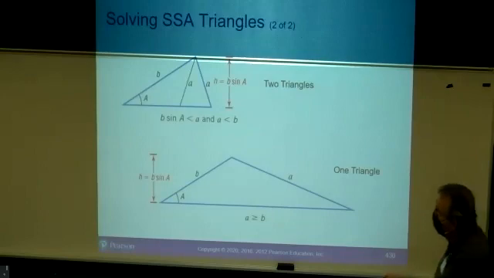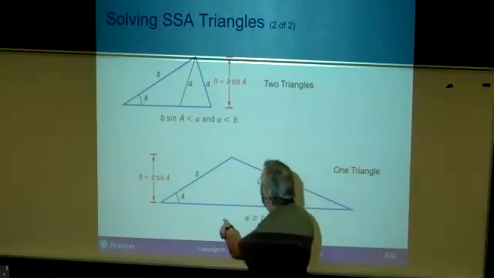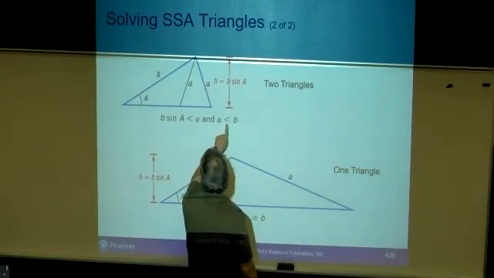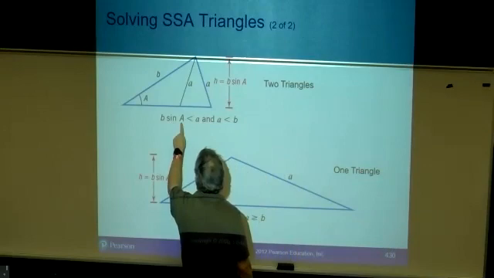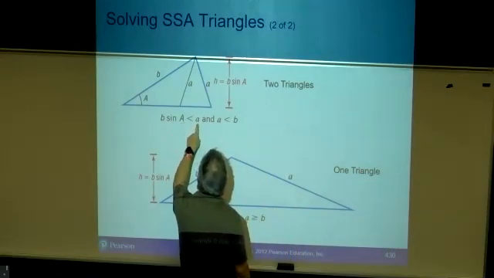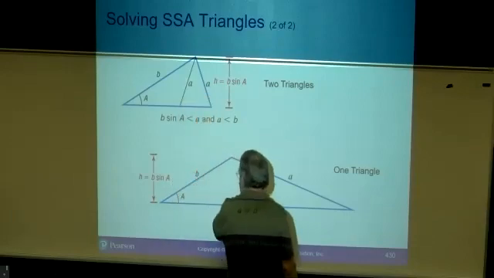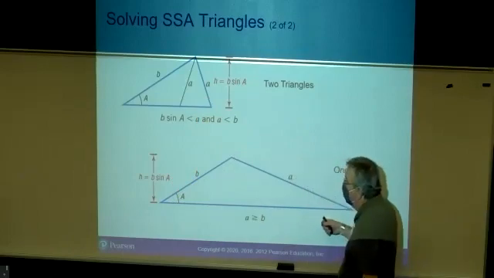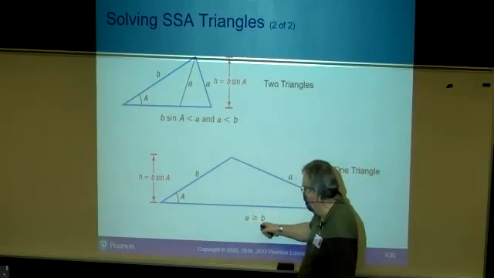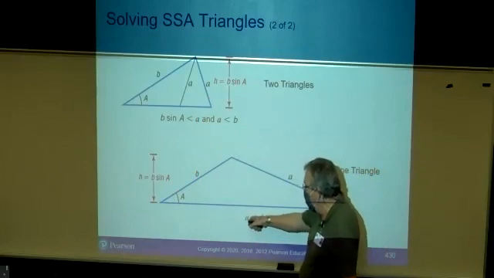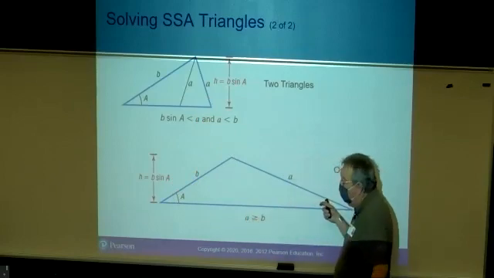And I think, yeah, here. Where A is less than B and B times the sine of A is less than A. Let's bring in some flashbacks. So you have these two things, these two triangles. Otherwise, it's going to be like this, where A is the larger of the two numbers. If A is the larger of the two sides, then you're just going to have one triangle.